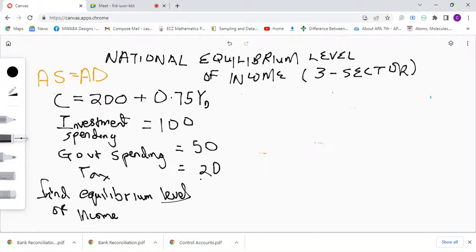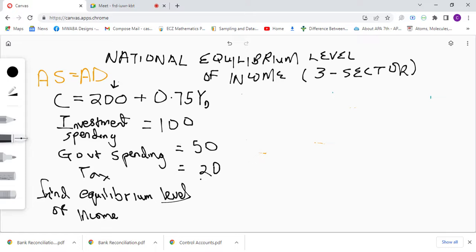So we'll be given a consumption function here: 200 plus 0.75 YD. Remember, in our consumption function, this 200 represents autonomous consumption. This is consumption which is independent of income, the consumption that occurs if your income level is 0.